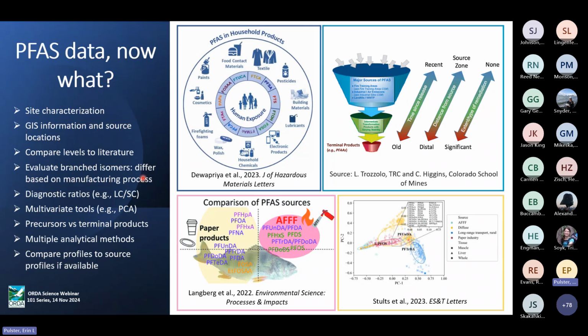Some manufacturing processes won't have the branched isomers of, let's say, PFOS or PFHxS. So that could also indicate what type of source you're dealing with, if you understand the differences between the manufacturing processes and the branched isomers or the isomers themselves.